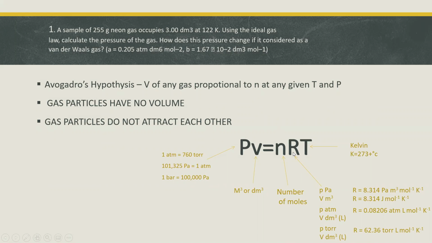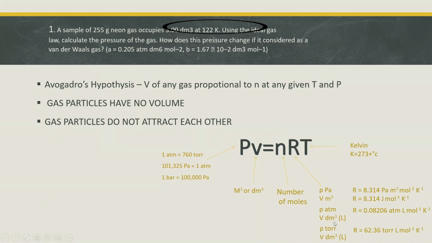Now, if we look at the constant, we can see that it is in decimeters cubed. The reason that's important is because we have it in pascals and meters cubed, and then we have these equations in atmospheres and decimeters cubed, and torr and decimeters cubed. Sorry, I think I said meters squared. It's meant to be meters cubed, it just slipped out.